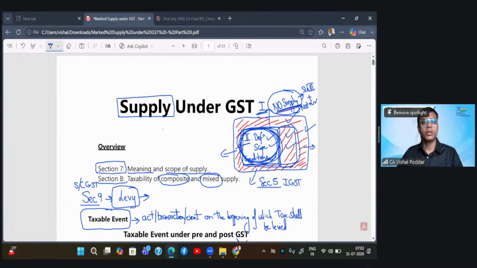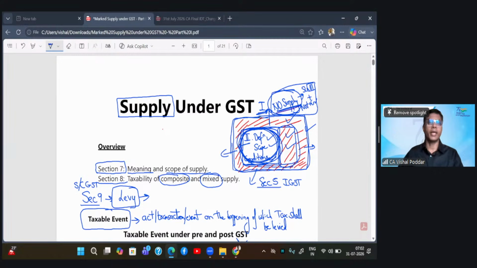Now, when you have to understand supply, there are three stages. First is this outer box, as you can see, which represents all our commercial transactions that we enter into. From this, you have to first identify those transactions which the lawmaker does not want to consider as supply.